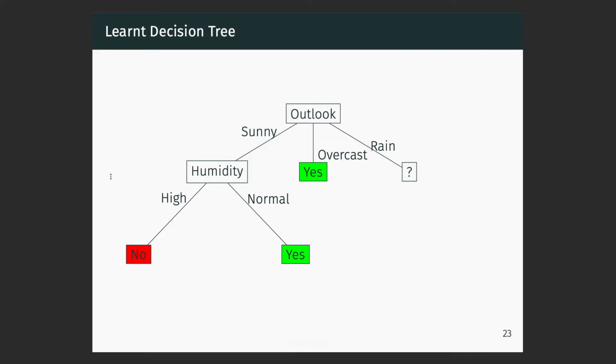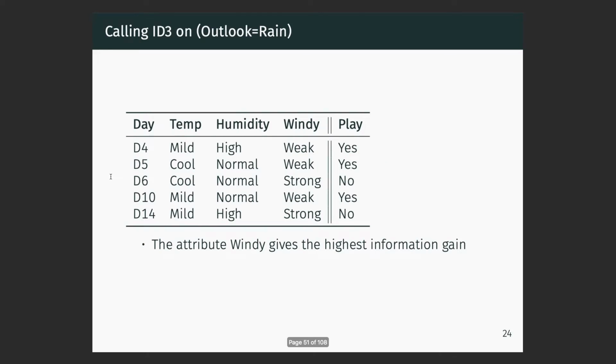We repeat the same procedure. We now choose a subset of examples where outlook equal to rain. This looks something like the following. Now, if you carefully notice, whenever the wind is weak, you always play, and whenever the wind is strong, you don't play. Again, it might make sense intuitively also if you don't want to be playing when the wind is very strong.